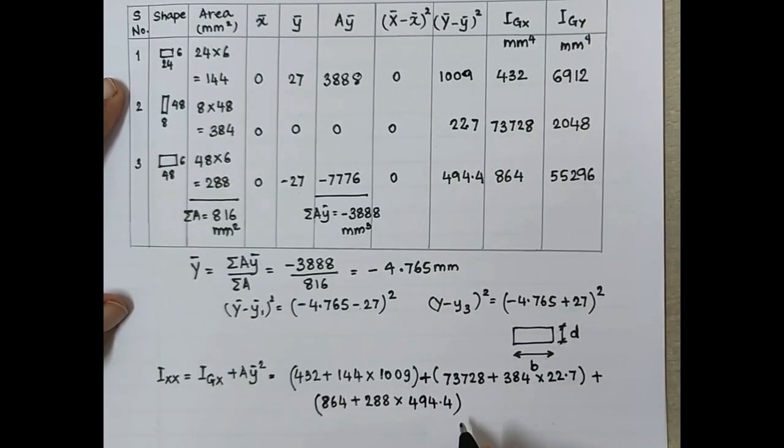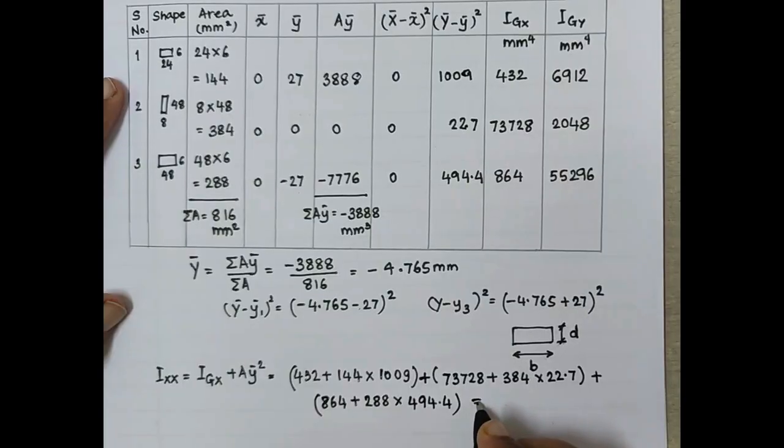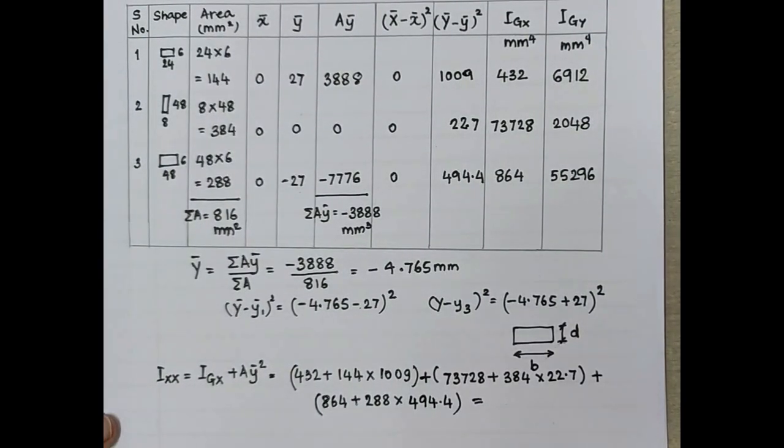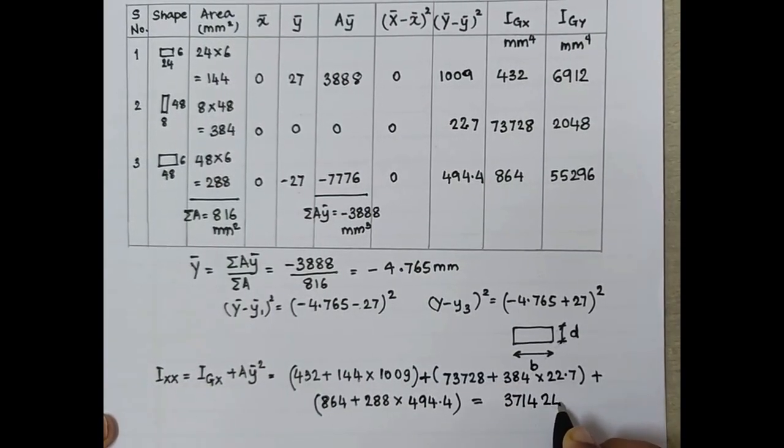Totaling all the 3 brackets, we will get the summation that comes out to be IXX equal to 371,424 mm raised to power 4.